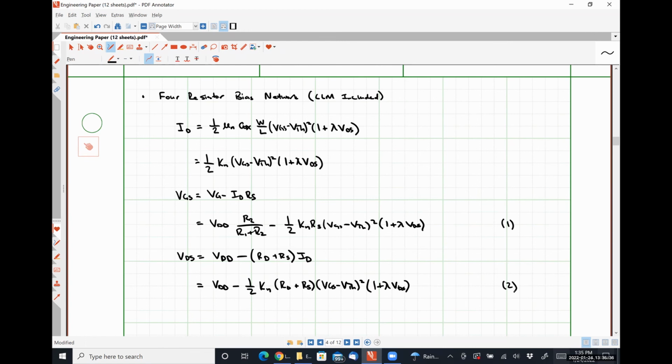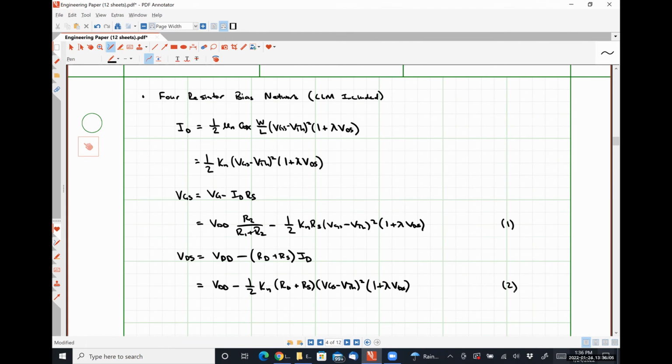Do I need to develop new equations for triode region operation if channel length modulation is included? Pretty sure this is the second time I've asked you guys that. The answer is no. Right? Channel length modulation effects only occur in saturation region because we're making our channel more and more pinched off, which only occurs at saturation.